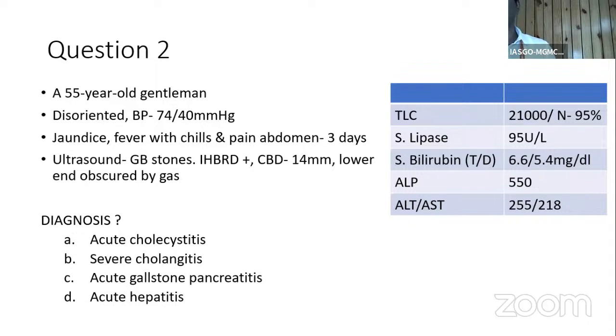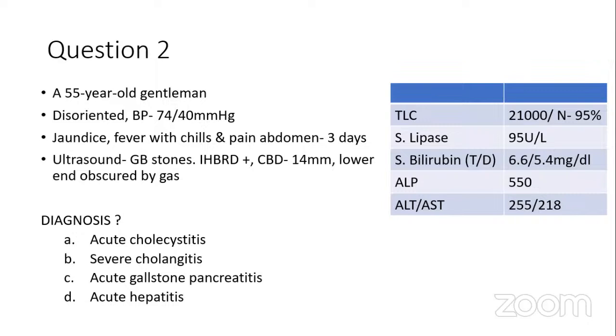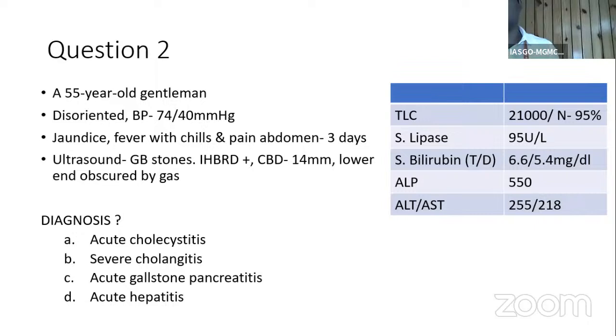Blood parameters showed leukocytosis of 21,000, predominantly neutrophils. Serum lipase was elevated, 95 units per liter. Serum bilirubin total was 6.6, direct was 5.4, alkaline phosphatase 550, AST and ALT elevated at 255 and 218.